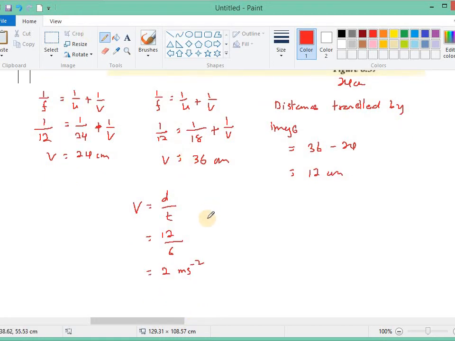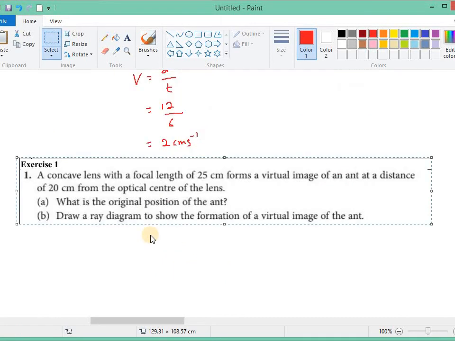Oh wait, got a problem. This one is 12 centimeter, so this should be 2 centimeter per second. Okay, got a mistake here.